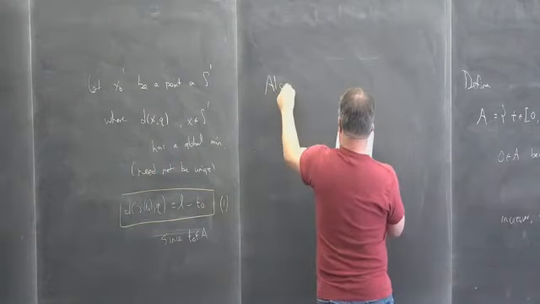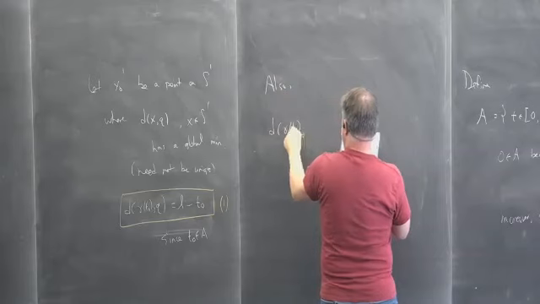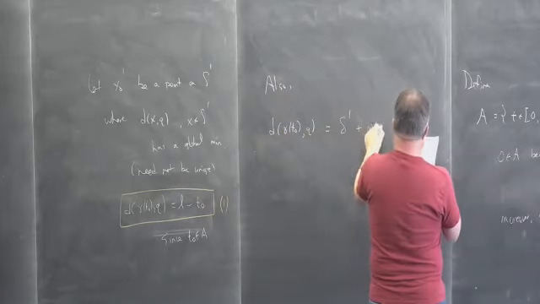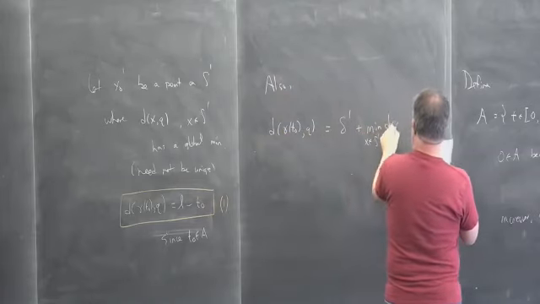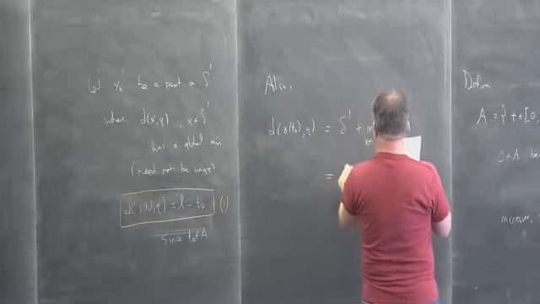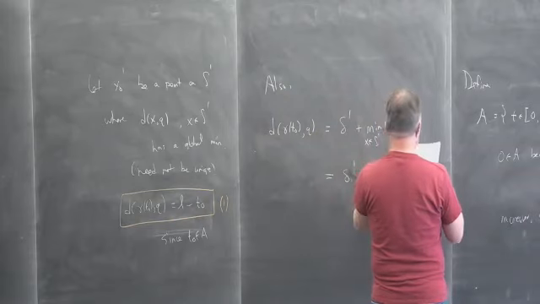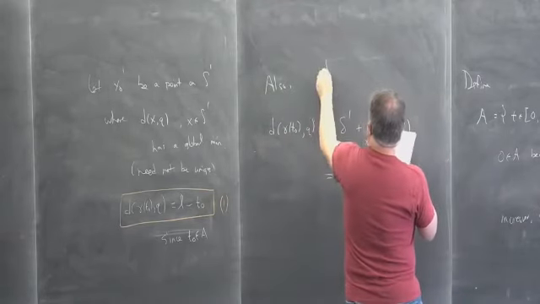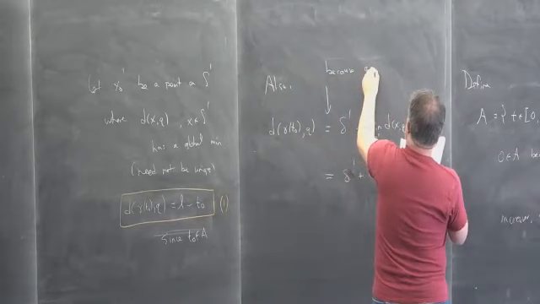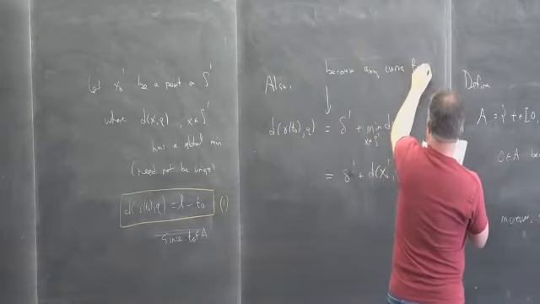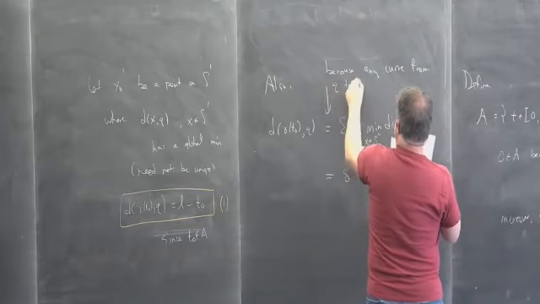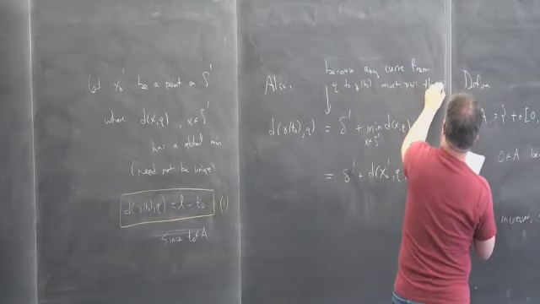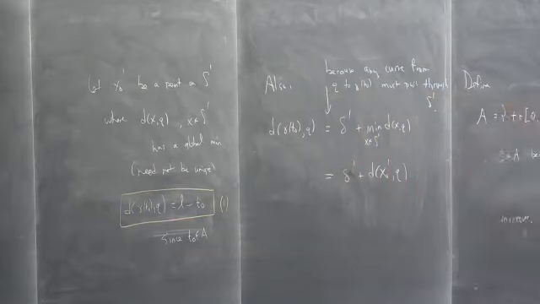Also, the distance from gamma of T naught to Q is equal to delta prime plus the minimum over all X in S prime of the distance from X to Q. And that's equal to delta prime plus the distance from X naught prime to Q. And this is because any curve from Q to gamma of T naught must pass through S prime.